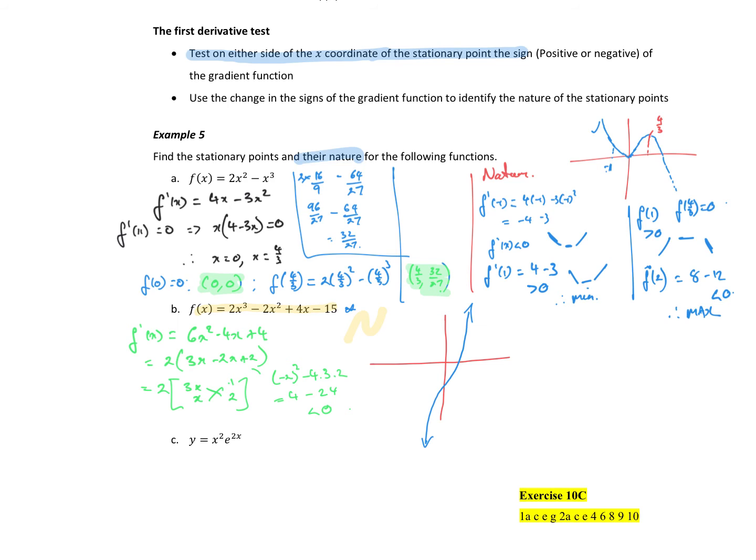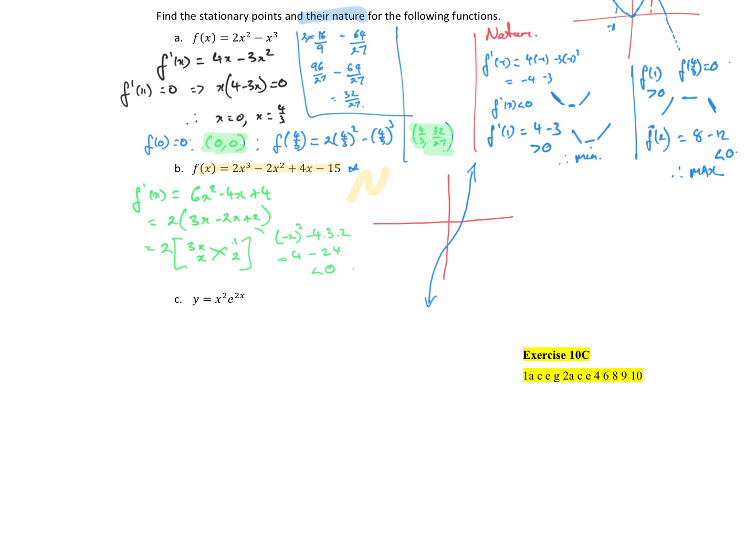y equals x squared e to the 2x. So let's move it all up a little bit. So let's have a look. So we've got a product rule here, haven't we? So u is equal to x squared, which means u dashed is equal to 2x. I'll put v equal e to the 2x, which means v dashed is equal to 2e to the 2x.